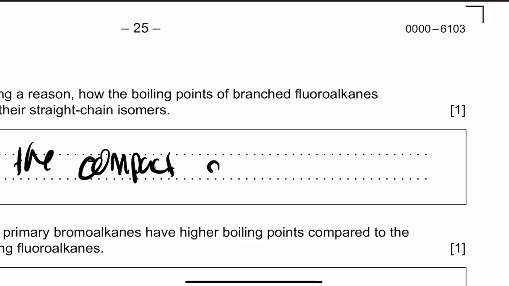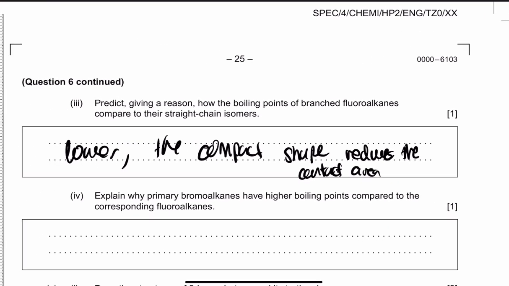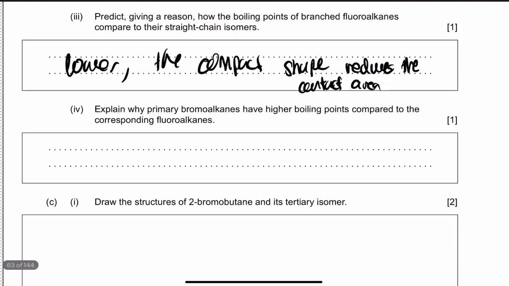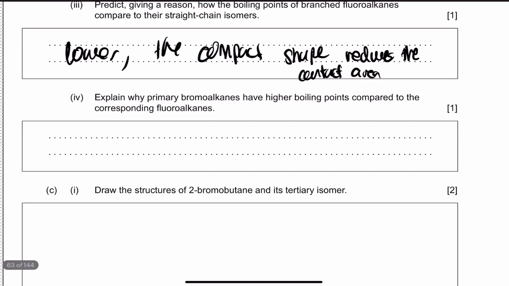So the compact shape will essentially reduce the contact area, right? And this is what also reduces our London dispersion forces. Reduces the contact area, and that's going to reduce the London dispersion forces. So we want the maximal area, right? Just always remember the branch is always going to be a lower boiling point than the straight chain isomers.